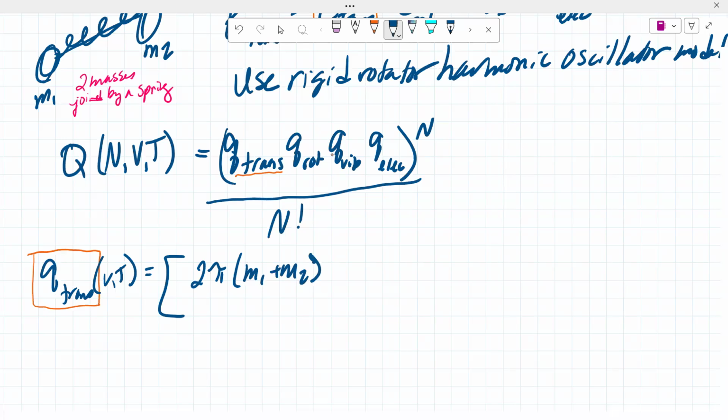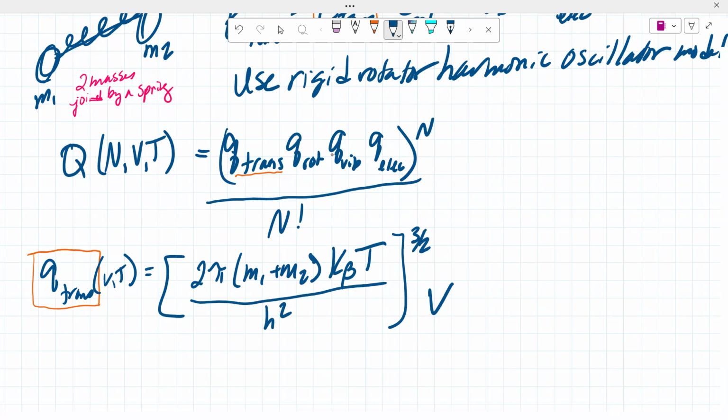It comes from the fact that we have two masses that are separated by a spring. So it actually comes from working with the reduced mass, dealing with the center of mass.